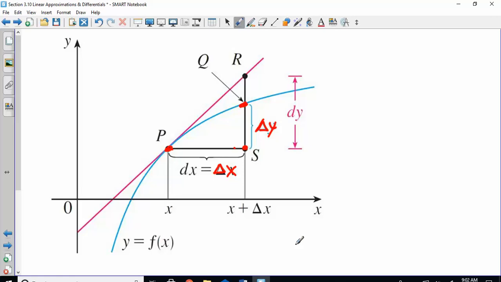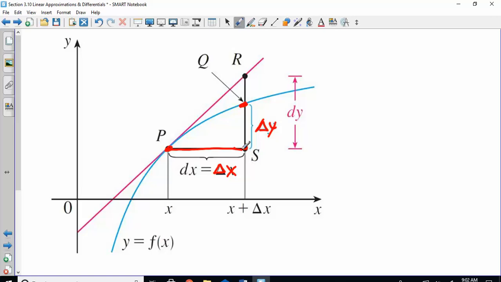So this is saying if you use the amount your x increased, that's your change in x. On the tangent line itself, that's referred to as dx, but that's the same for both. Whether you're on the line or the curve, change in x and dx are the same. The difference is change in y and dy are not the same. Change in y is the amount the y value increased on the actual curve.